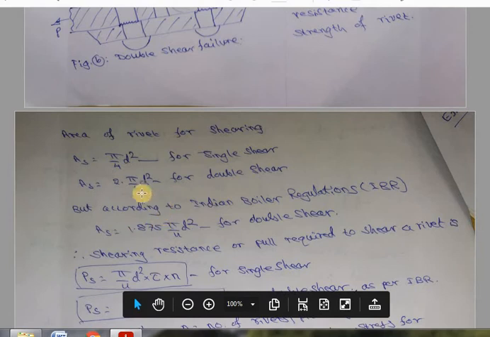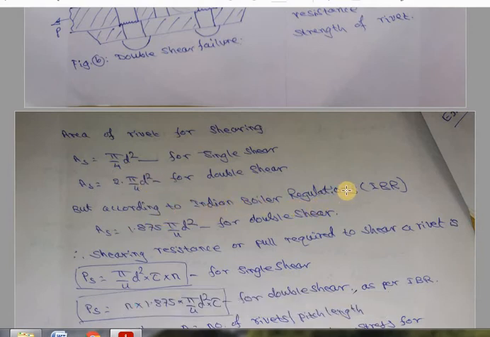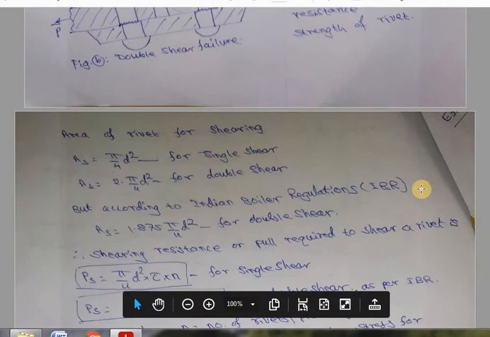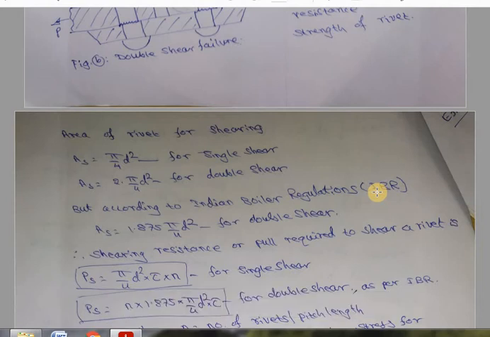Now, as per the IBR, Indian Boiler Regulation, because we are going to design the riveted joint for a general structural purpose or otherwise for boilers, there are two different cases. When you are designing for aeroplane structures, or bus body building or ship building, these are called structural joints.